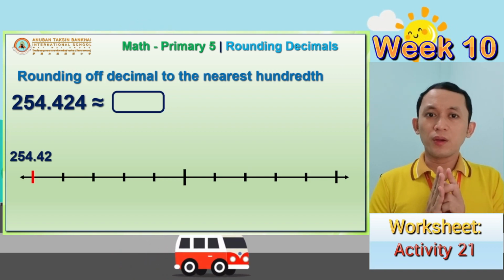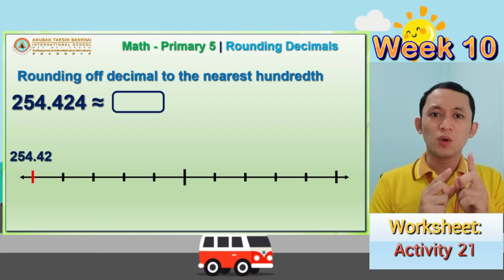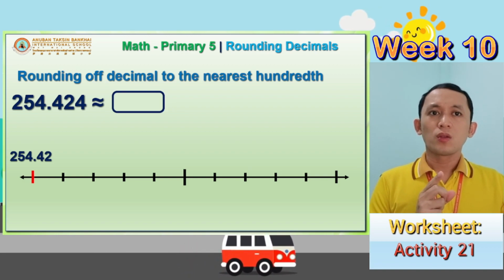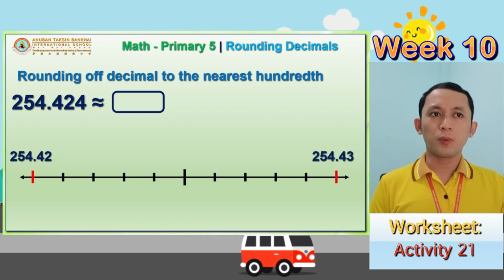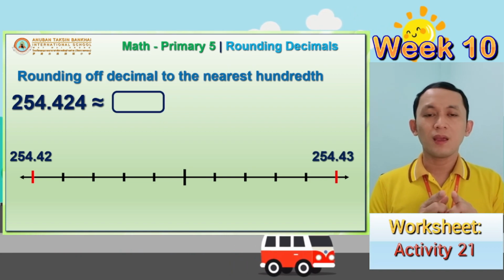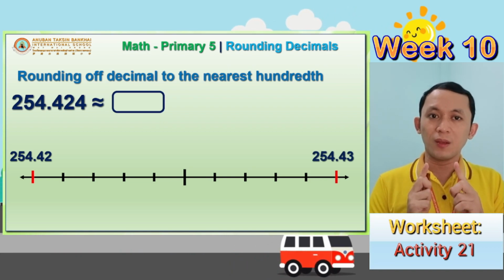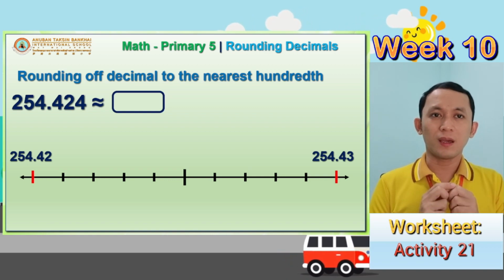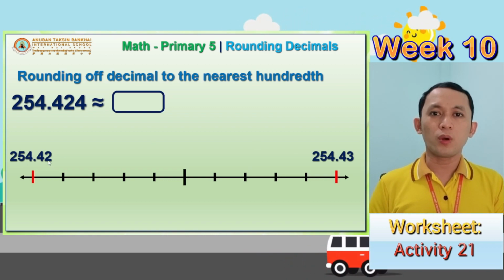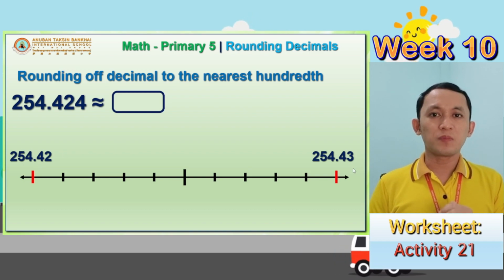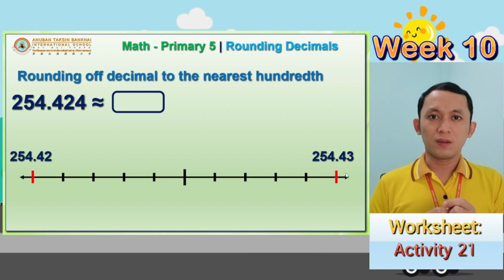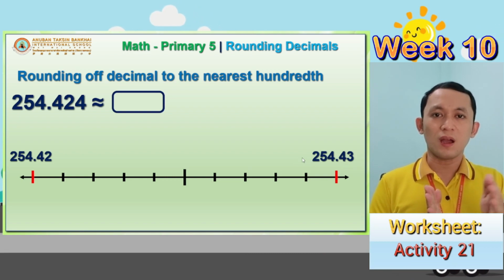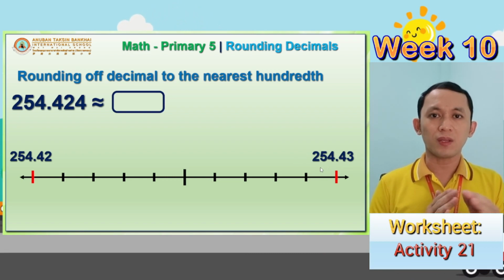And if we are going to add 0.01, that will be 254.43. Again, if we are going to add, meaning we're going to round up, 254.42 will become 254.43. So that will be our digit on the right side if we are going to round up.